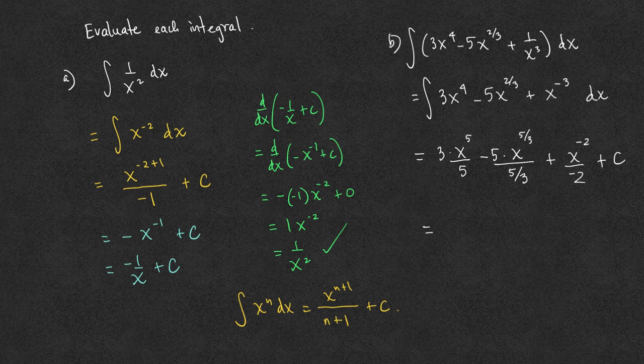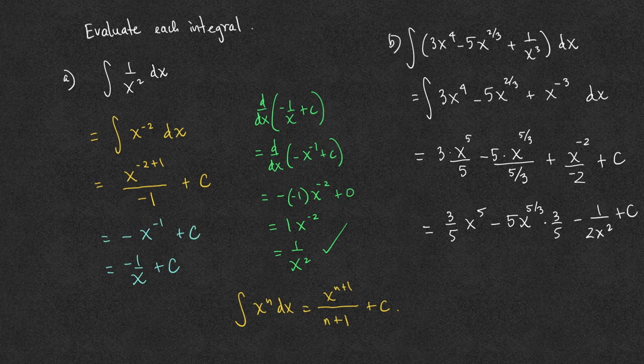We then simplify this. This is 3 over 5 x to the 5th minus 5x to the 5/3 times 3 over 5. Dividing by 5 over 3 is the same as multiplying by the reciprocal, 3 over 5, minus 1 over 2x squared plus c.